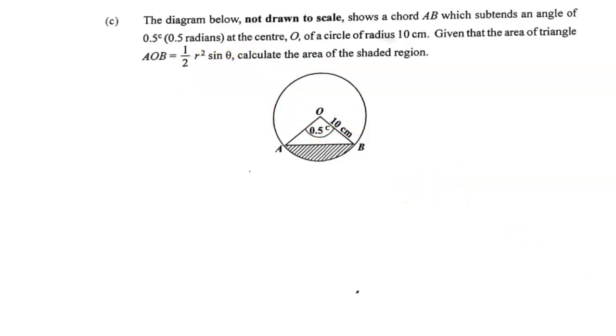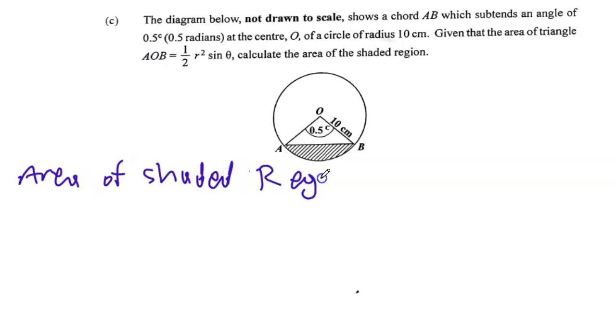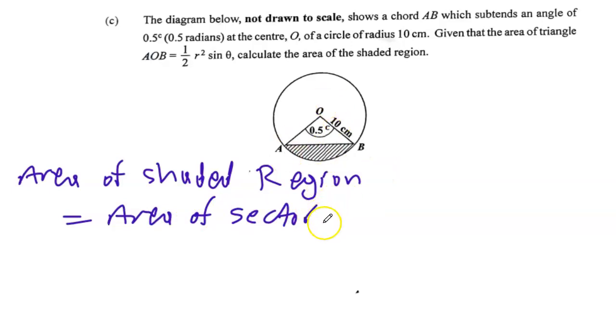Calculate the area of the shaded region. So the area of the shaded region would be the area of the sector OAB, which includes the triangle and the shaded region.